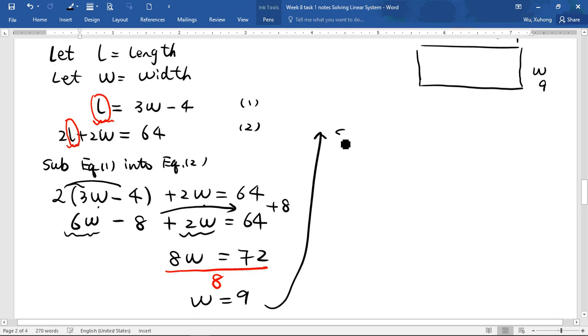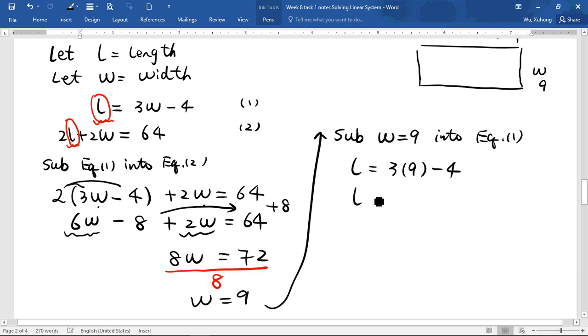Then we are going to find the length. So sub width 9 in. You could sub into the second equation or the first equation, but you will see L is isolated, so if you sub into the first equation, it will be easier for you to find the value of L. Then you have 27 minus 4, and the length is 23.